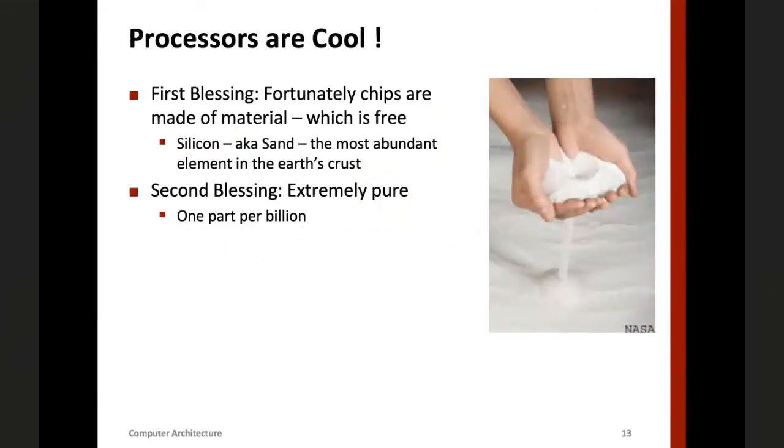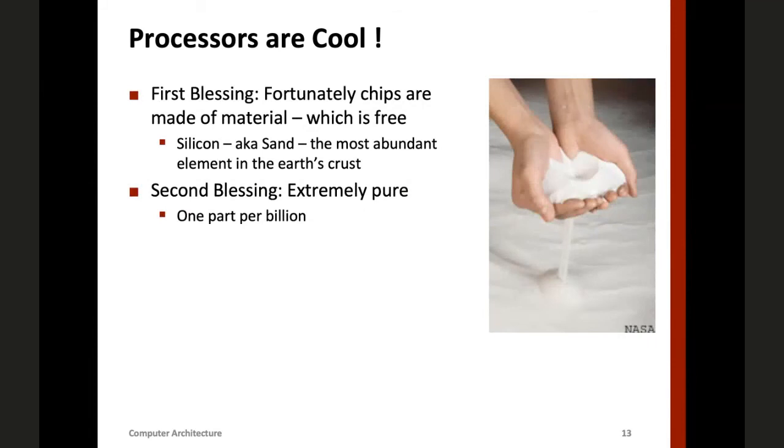Okay, processors are cool. Now it's becoming cheaper and cheaper every day, right? Because fortunately, making a processor does not require very expensive material. We don't need anything apart from basic silicon.